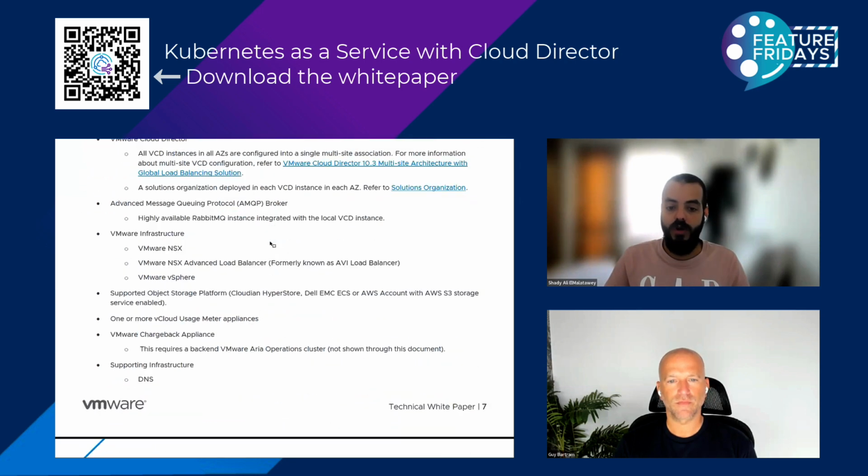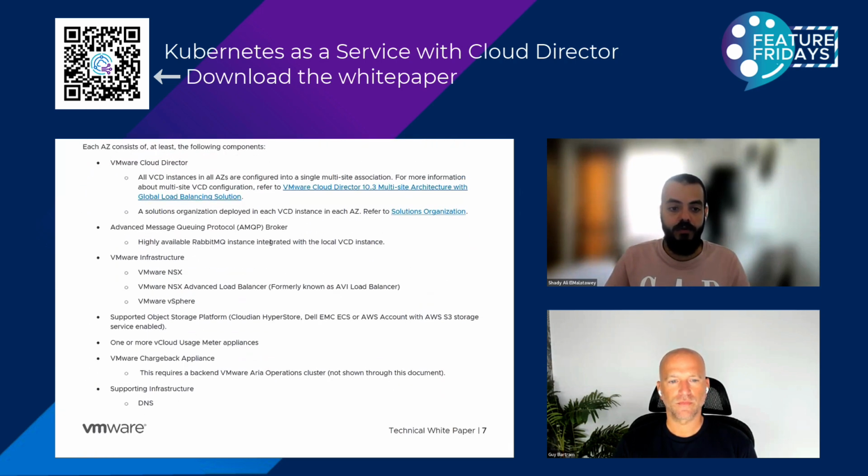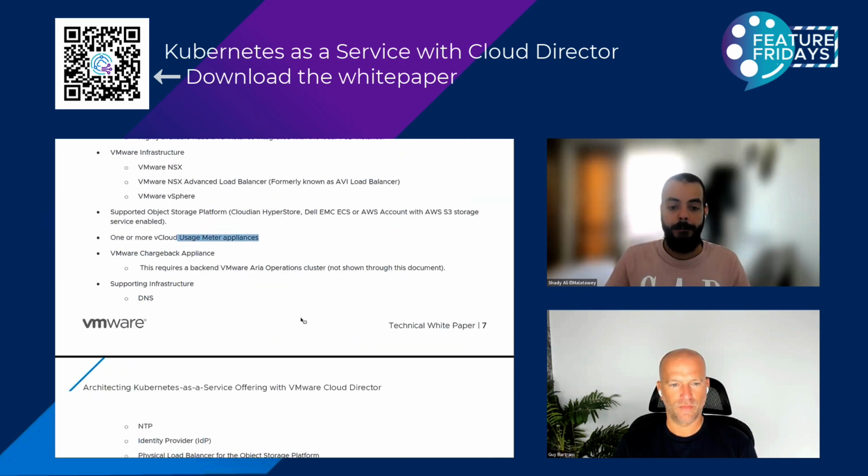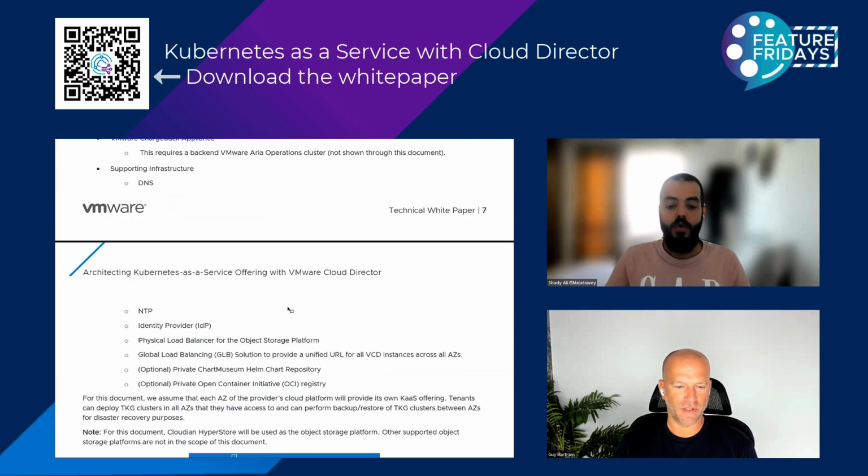So in order to achieve that, you need all of these necessary components, starting with Cloud Director, RabbitMQ, the infrastructure pieces, the object storage platform piece, usage meter, chargeback, and the supporting infrastructure. Quite a lot of supporting infrastructure there.